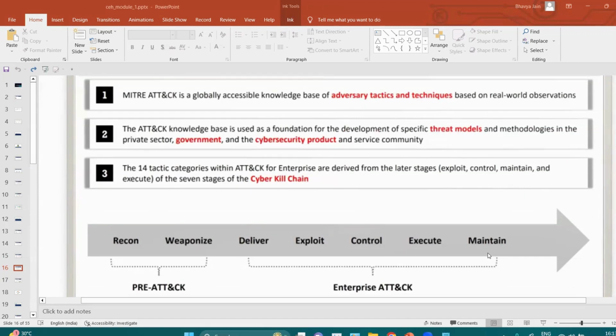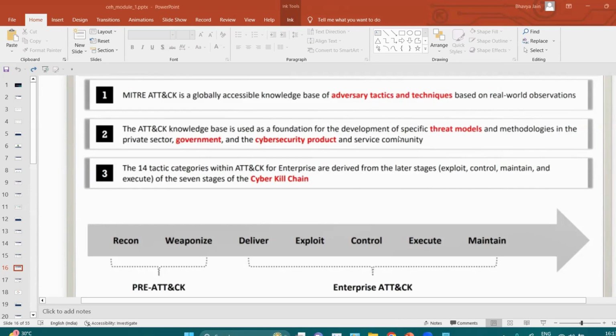So reconnaissance and weaponization is something which is a pre-attack, and then delivering the malware up to maintenance is something enterprise attack. Okay. Pre-attack is something where we are preparing for attacking the target machine. Okay, and enterprise is where we have launched the malware at the enterprise level, which is in the company or in the device. That is why it is known as enterprise attack.